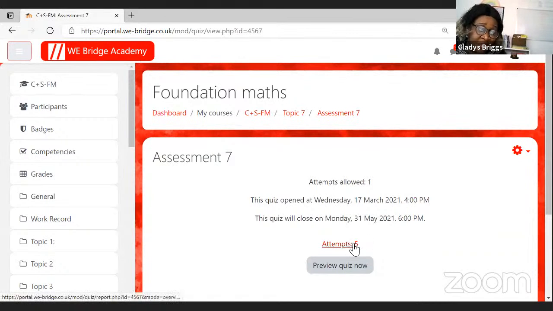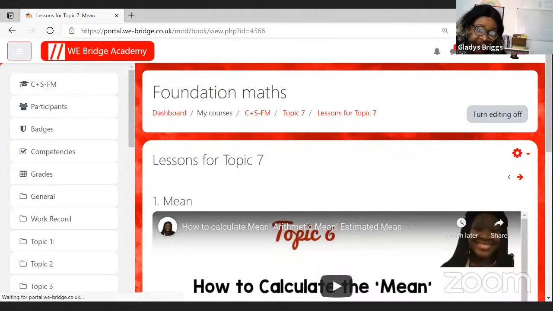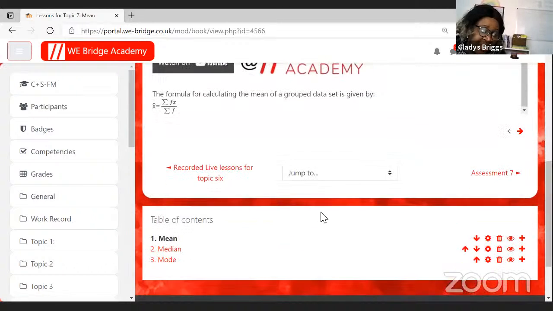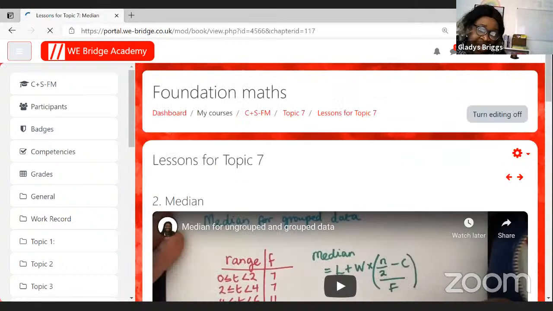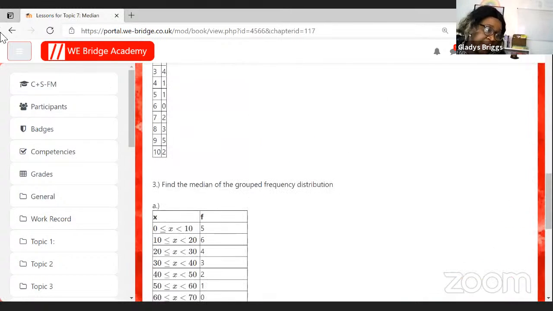Because it will be closed. I think I have 5 people have attempted it, and this is a class of 20-something people. Yeah, so there are lesson videos here if you don't understand any of those topics, okay? If you don't understand any of them, there are lesson videos. I even made some notes of some things, okay? So to help you.